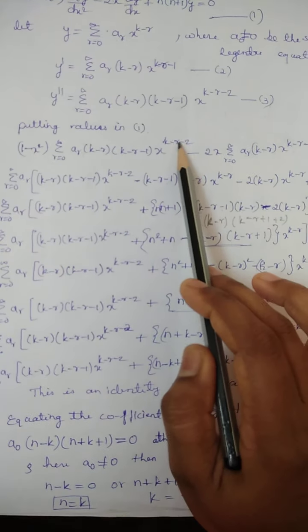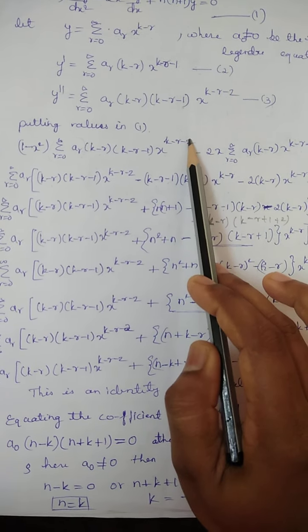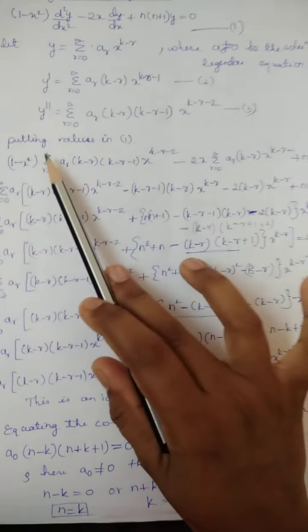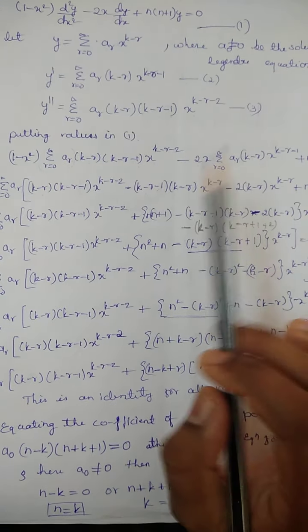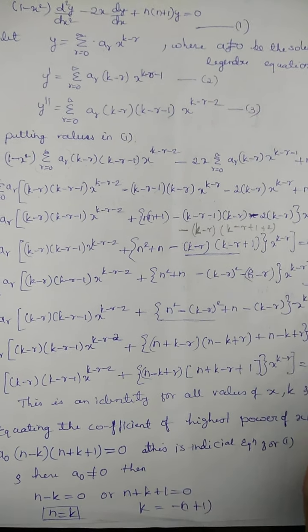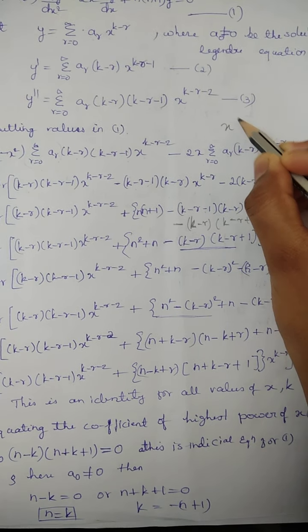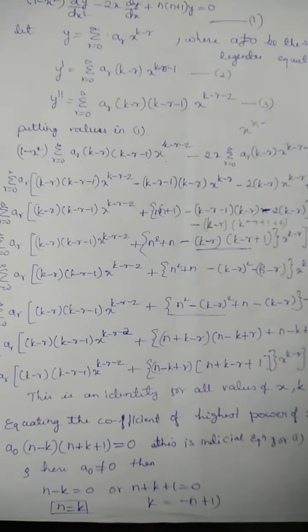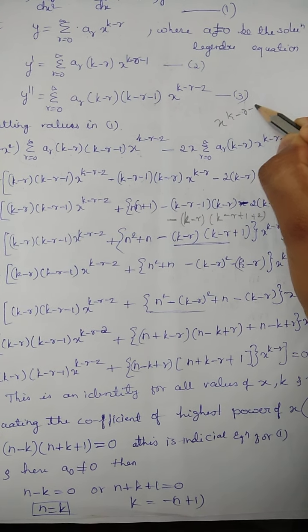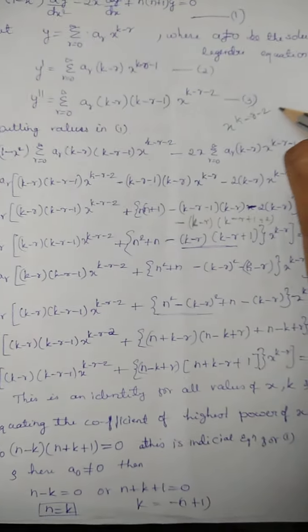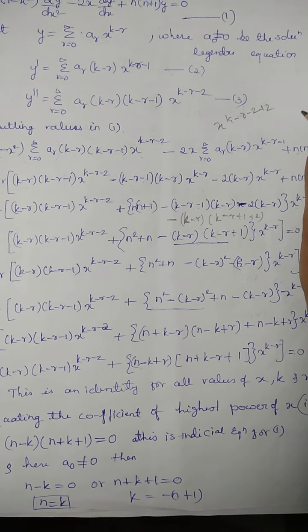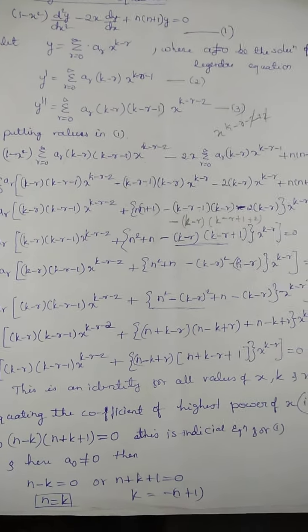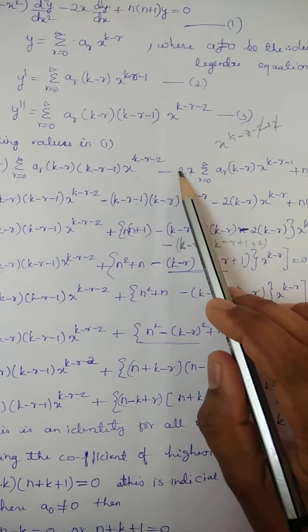Now this x squared I will take to the x power, so it will be x raised to (k minus r minus 2) plus 2. When you multiply the powers it will be plus 2, so the 2 gets cancelled and we get x raised to (k minus r). Now minus 2x.